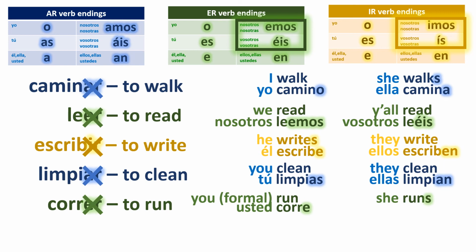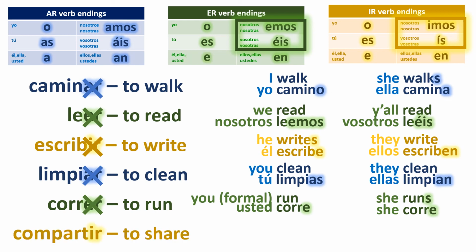She runs. What is the subject pronoun she in Spanish? Ella. What is the ending for ella in the present tense for ER verbs? E. Ella corre. Please notice that the conjugation for usted and ella is the same.